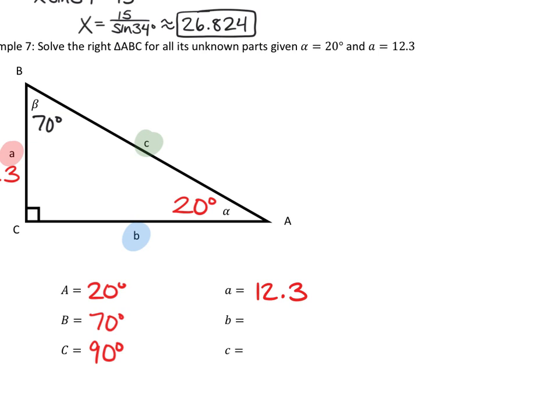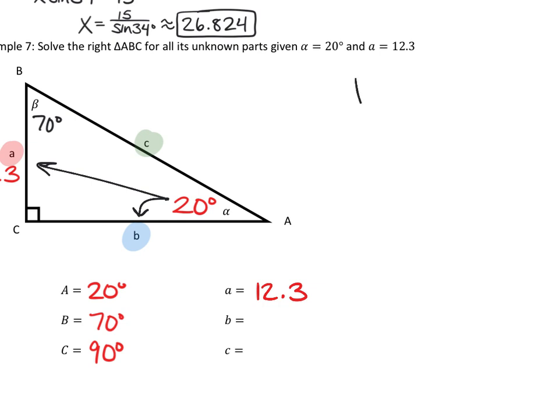Just because I'm going to go in alphabetical order, I'll find side length B first. Doesn't really matter which angle you use to do this, but I'm going to continue using that 20-degree angle that we were given. How is the thing we know, this side length, and the thing we want to know, this side length, related? Tangent.